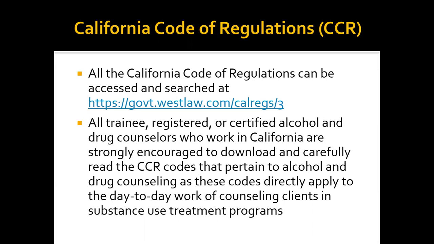Now, that's one of those websites that often may change over time. But if you go to westlaw.com, which is the agency that collects all these things, not only for California, but for other states, you simply need to find the California Code of Regulations, which you can equally probably get simply by doing an internet search for California Code of Regulations.